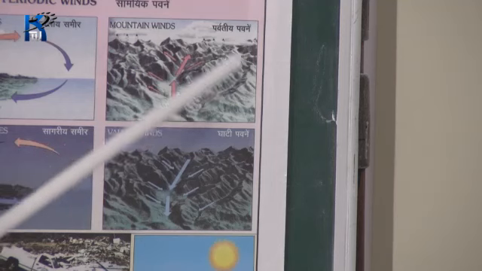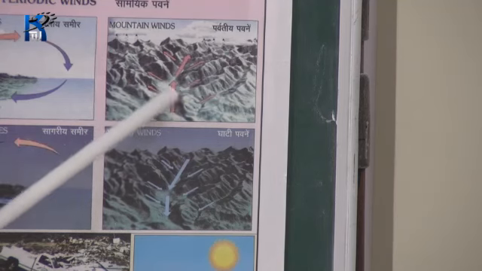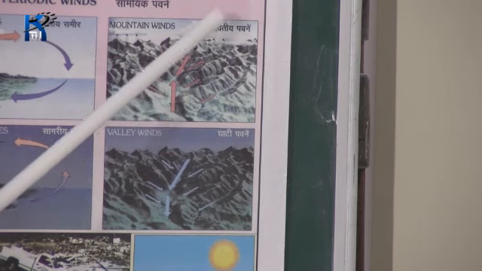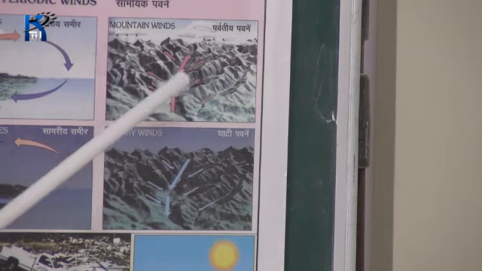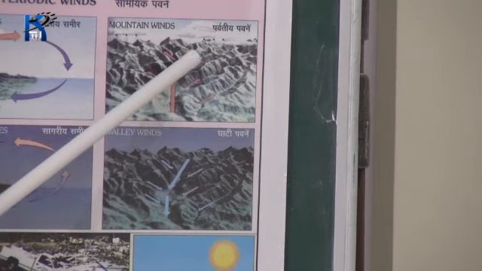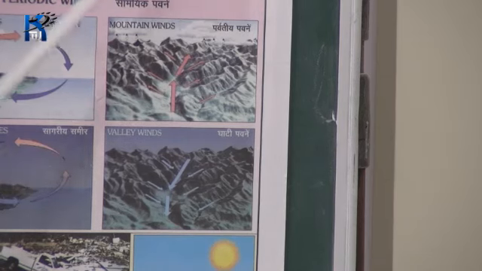So wind blows from high pressure to low pressure. So these are moving up towards the mountains. They are known as mountain winds.